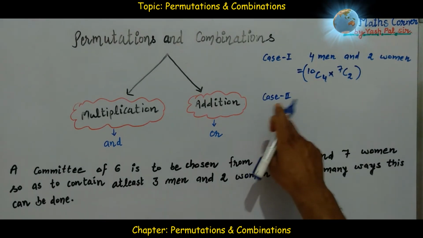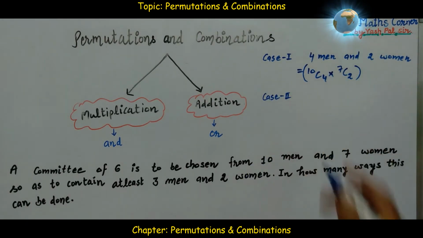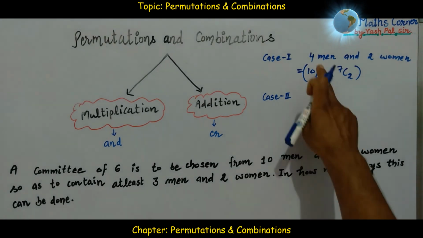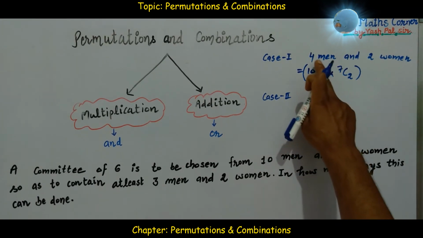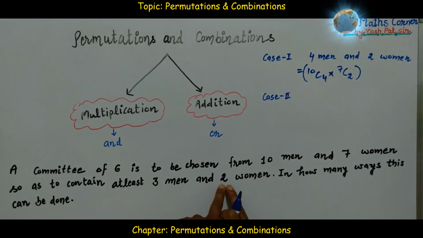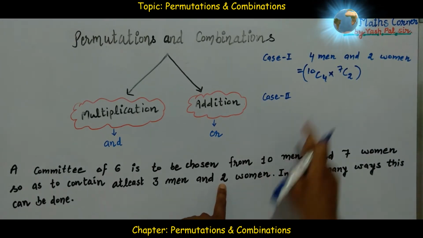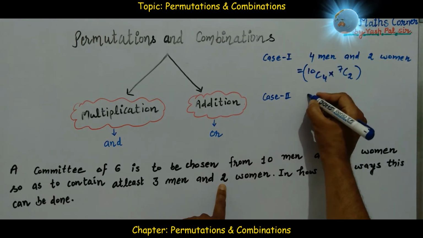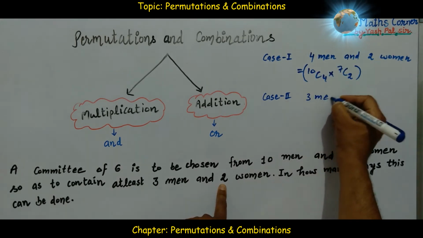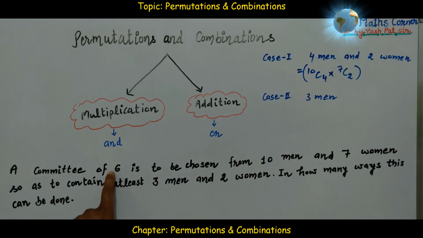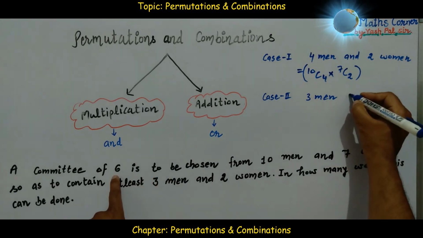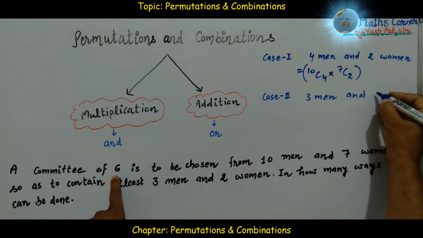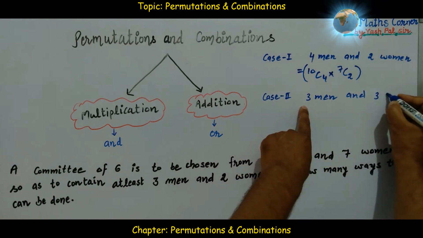Second is case 2. How is this possible now? We cannot take 5 men, because 5 men plus 1 woman is not allowed; we need at least 2 women. So we should come downward: from 4 men, we go to 3 men. But we need a 6-member committee, so we write here and 3 women.